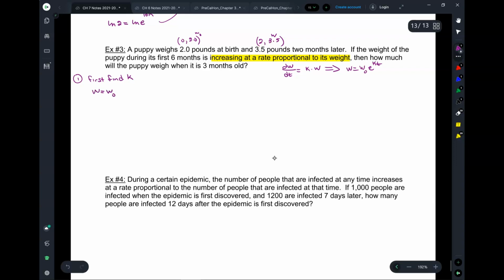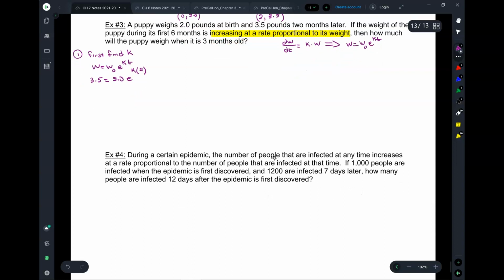W equals W naught e to the kt. Final W is 3.5. Initial is 2.0. e to the k times t, which is 2 months. You see how I keep track of my sig figs here and it differentiates the two 2's? So here, you have 3.5 divided by 2 equals e to the 2k.